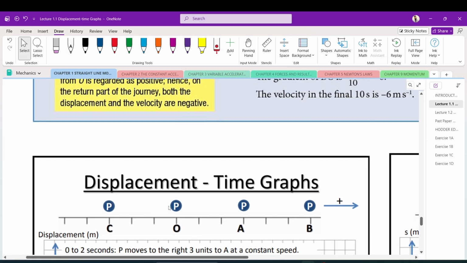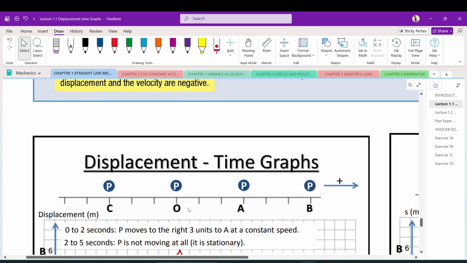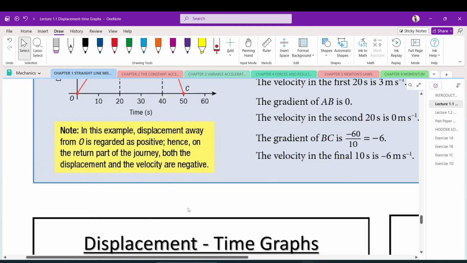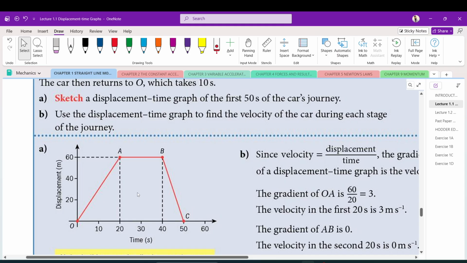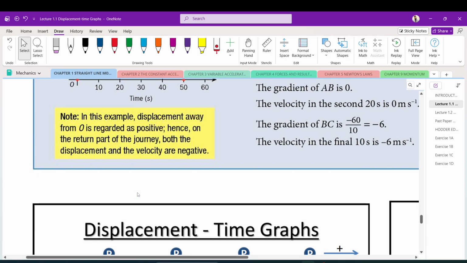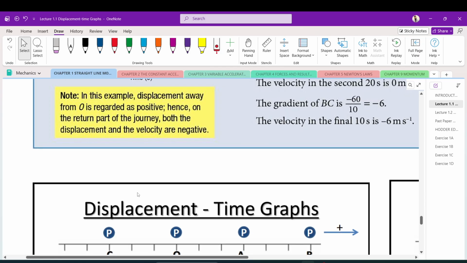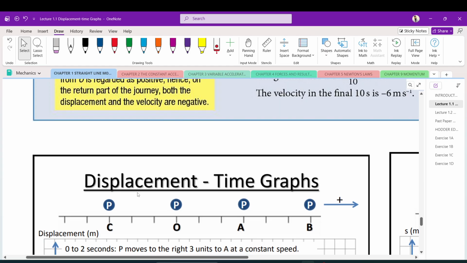So the next part is, because this was a pretty straightforward graph, let's discuss a little bit more complex displacement time graph. So let's consider a scenario. Between 0 to 2 seconds, P moves to the right 3 units to A at a constant speed.